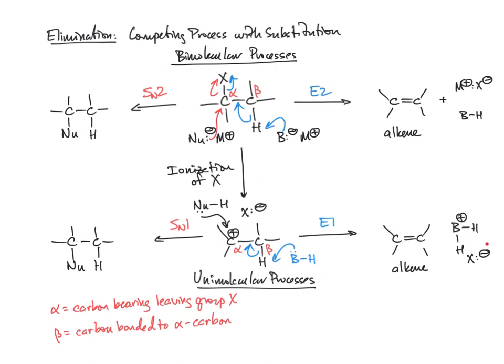Again, this may be a little confusing, so we're going to learn what these things actually are and how we differentiate this from this, just to give you a preview of that. These are things like sodium ethoxide. These would be things just like ethanol.